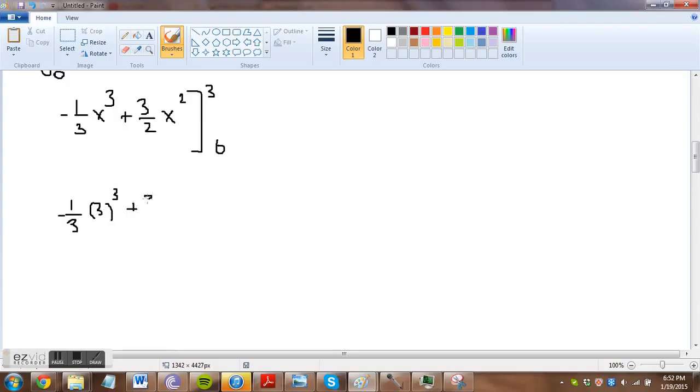So simplified down, that's negative 9 plus 27/2, which equals 9/2. That's the answer to this problem.